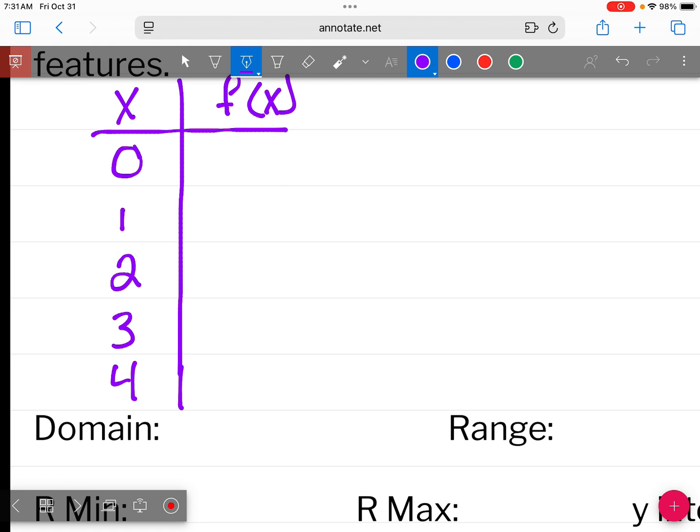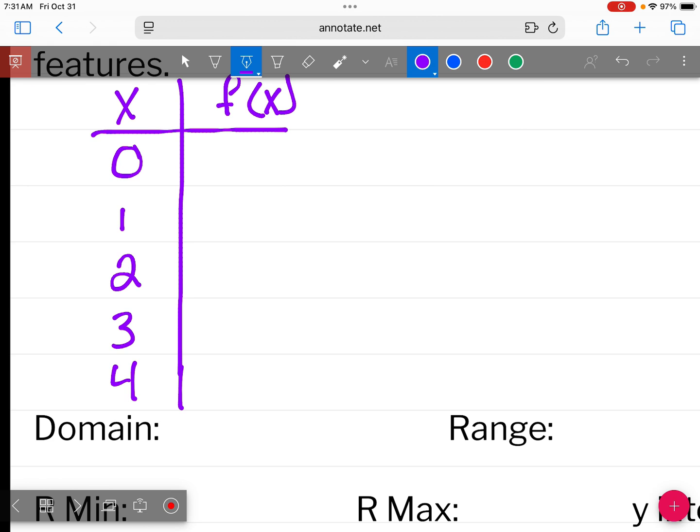A lot of times we have to number them ourselves. And if you need more data points to get a decent graph, you can always get more points.